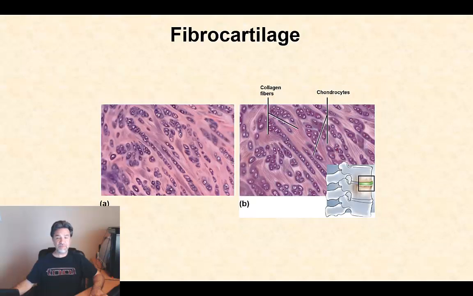Finally, there's fibrocartilage, the third type. Fibrocartilage is most commonly found in the intervertebral disc, that cushion between the vertebrae in your spinal column. And you can see the presence here. This is the hardest one to tell apart from elastic cartilage.